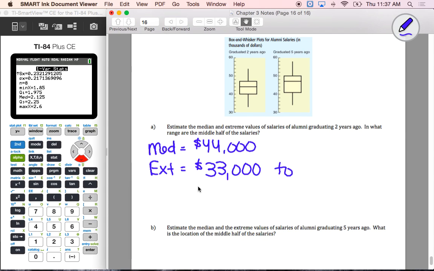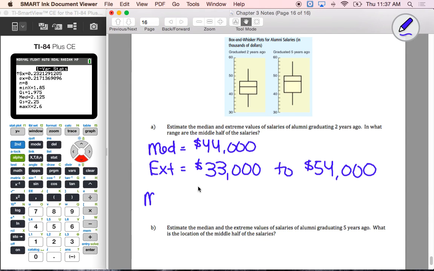The highest looks to be about 54. Now, the answer should be in thousands of dollars. If you tell me they only make $33 to $54, that does not sound like a very good salary for those graduating 2 years ago.